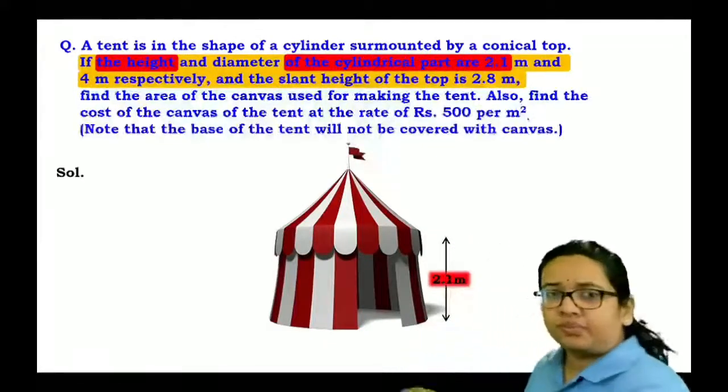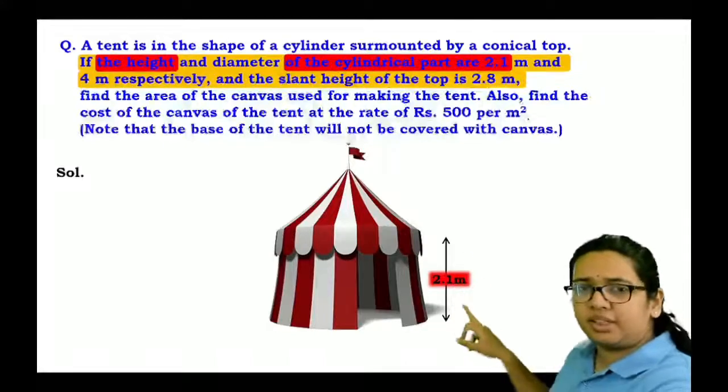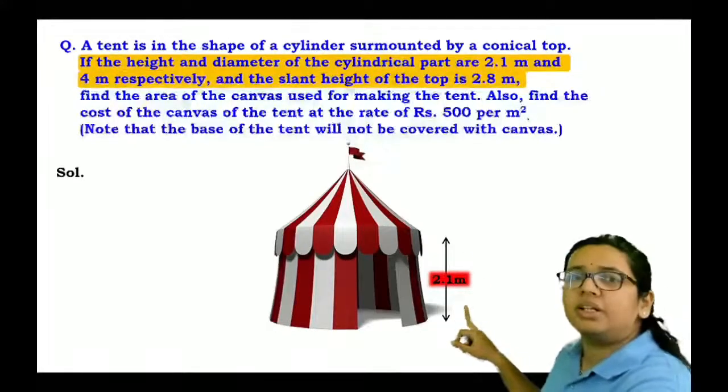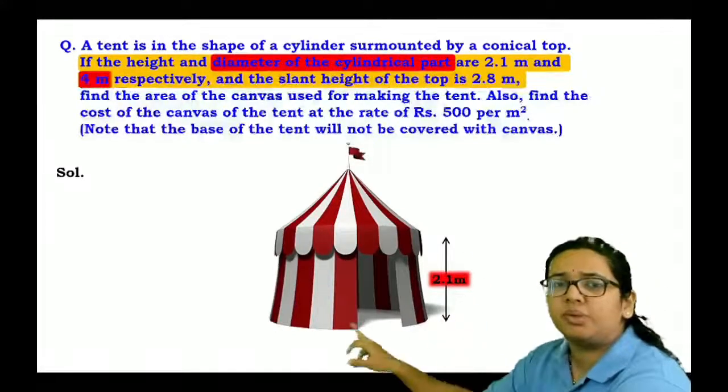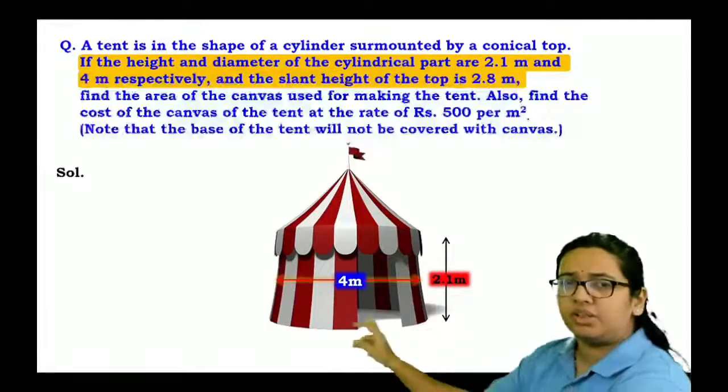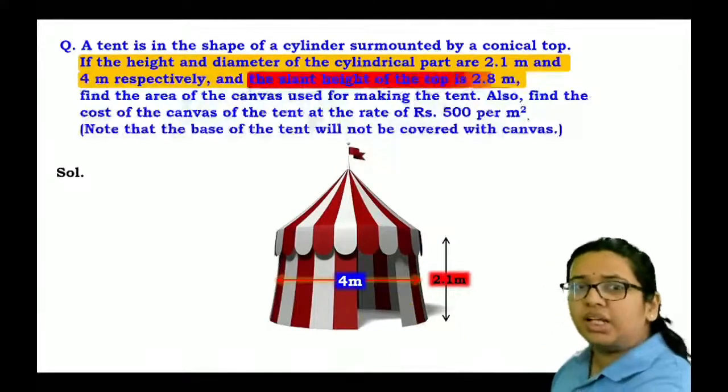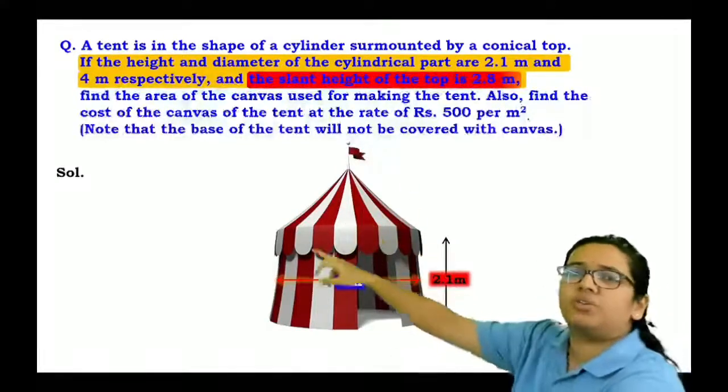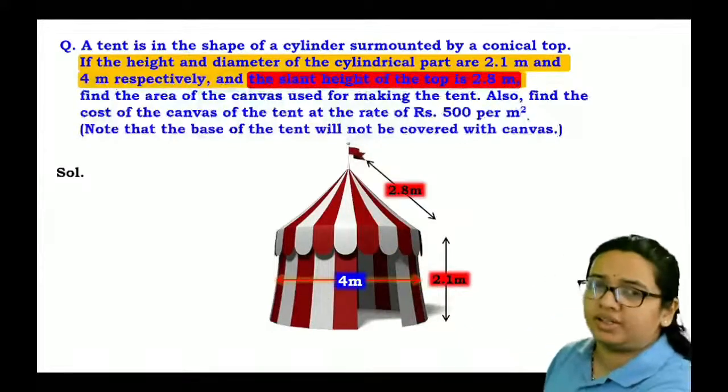See, the height of the cylinder part will be 2.1 meter and the diameter will be 4 meter, as well as the slant height of the top will be 2.8 meter.